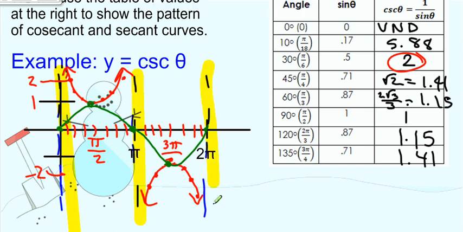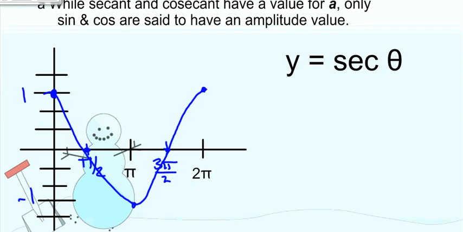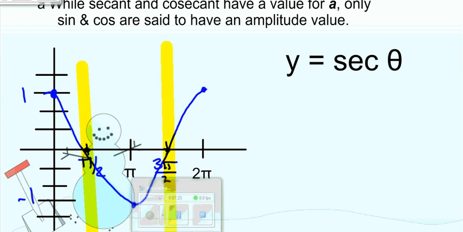Remember? So the same thing is going to happen with the secant. So we're going to have asymptotes. I'm just going to use the highlighter for the asymptotes. I'm going to have an asymptote wherever there's a 0. So there's a 0 there, and there's a 0 at 3 pi over 2. Okay, so both of those are asymptotes, and I don't have any values there for the secant graph.